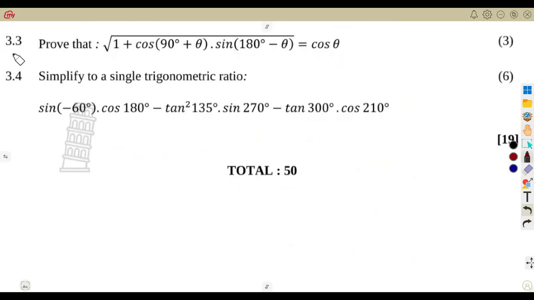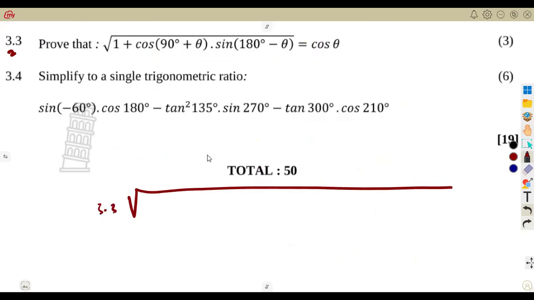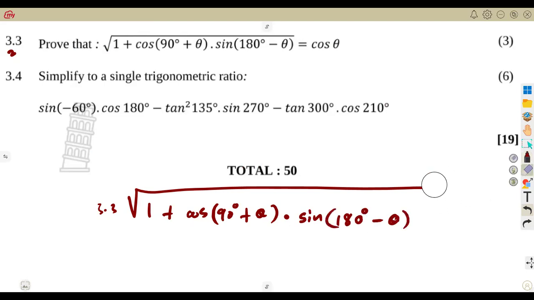You're almost there. 3.3, prove that this whole part is equal to cos theta. We are given the square root of 1 plus cos of 90 plus theta, times the sine of 180 degrees minus theta, like this. So the whole of this part is supposed to be equal to the cosine of theta.